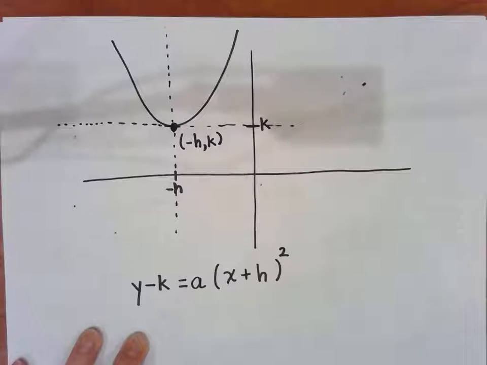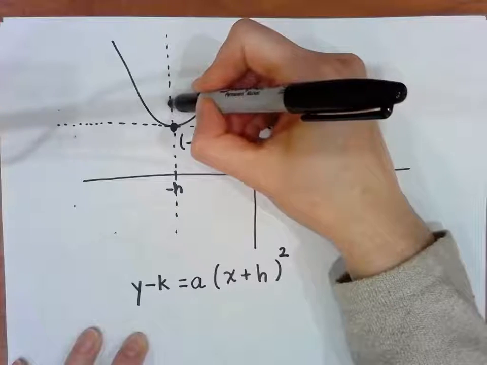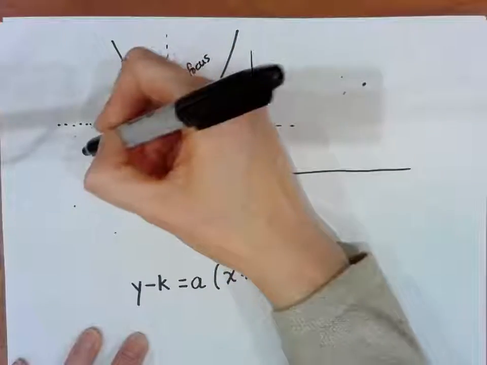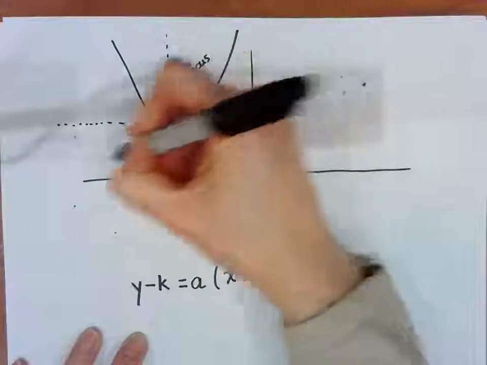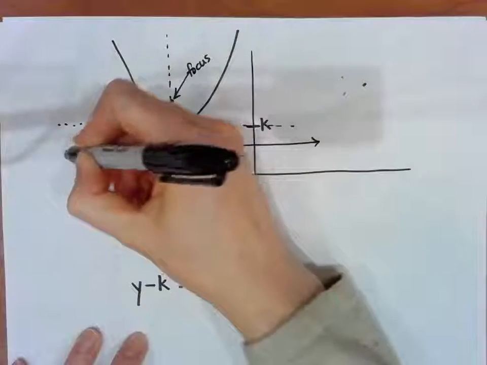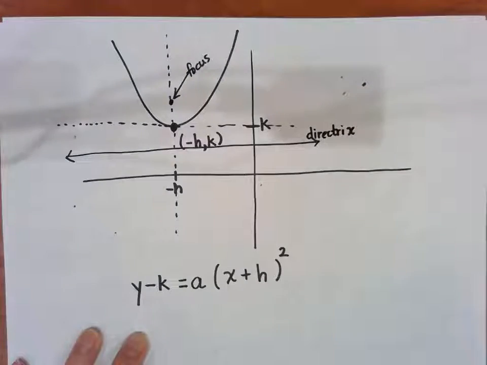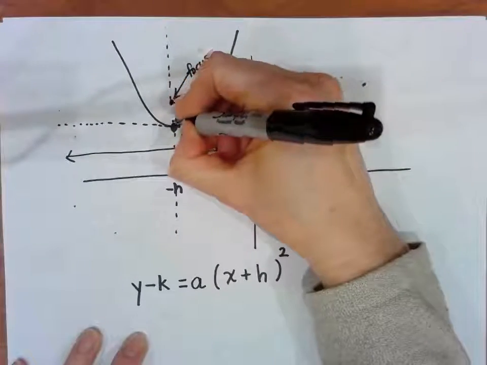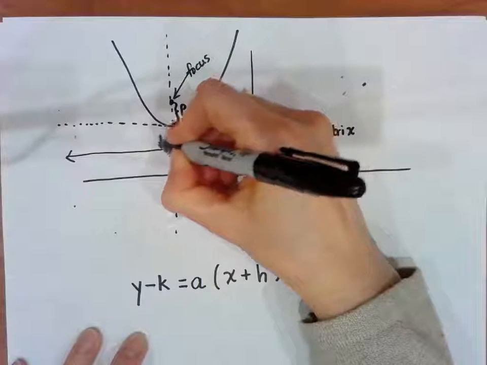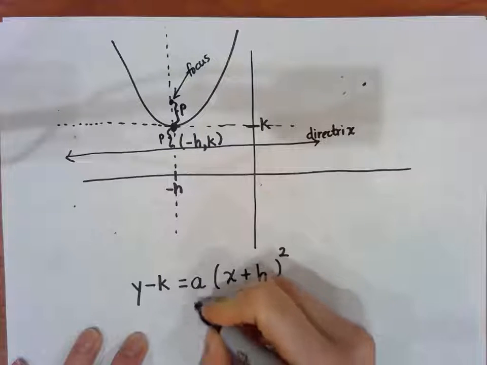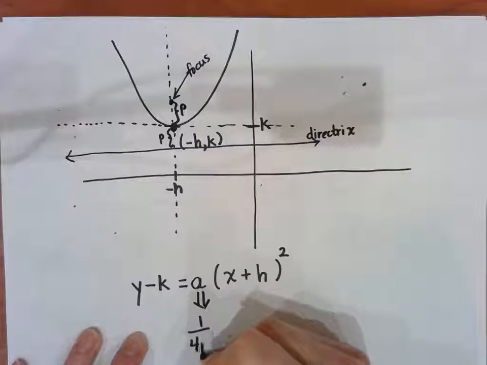Okay, and then if we were to look at the focus and the directrix, somewhere up here is our focus, and somewhere down here is our directrix, and it will be p units in this direction and p units in this direction, and again this value right here is going to be 1/4p.